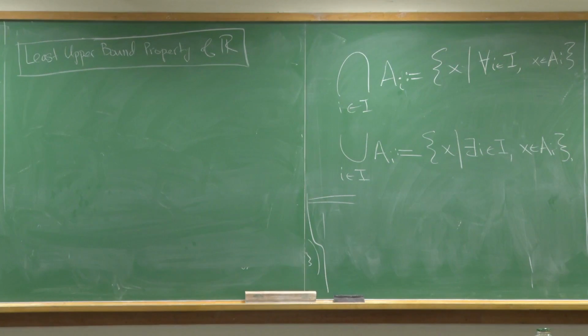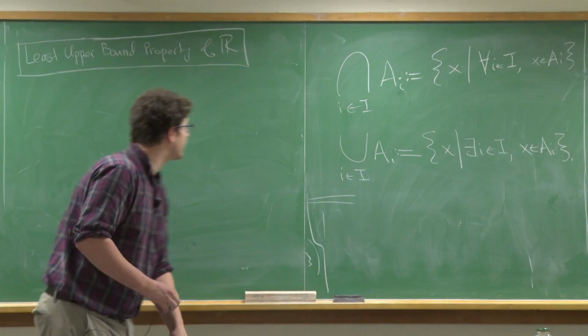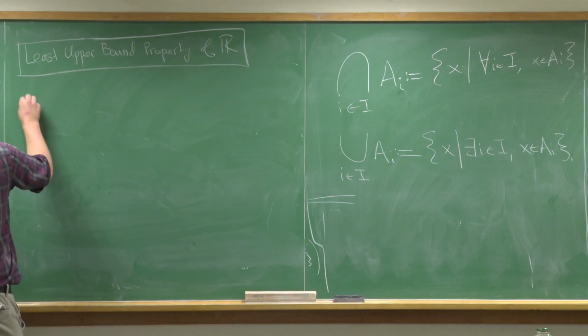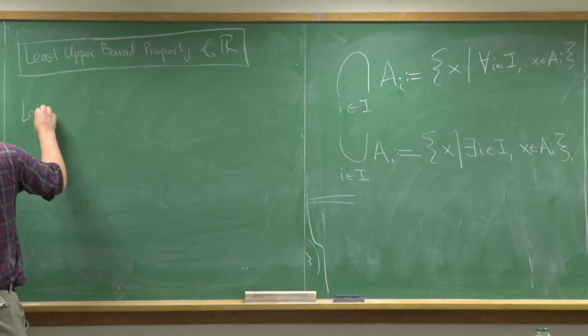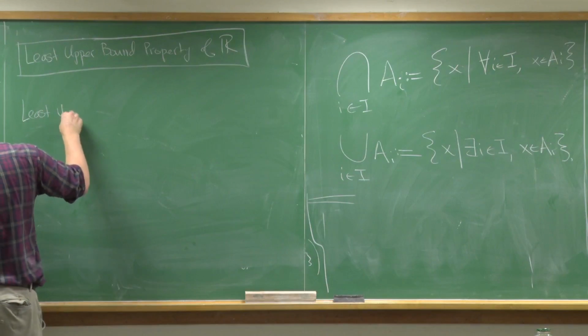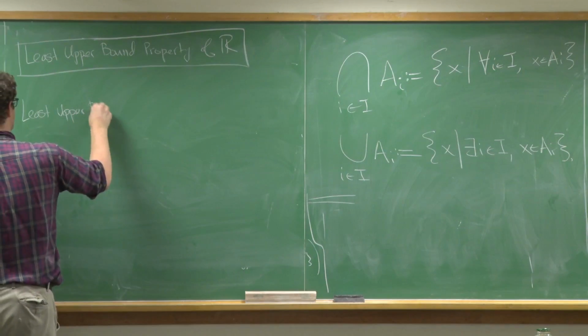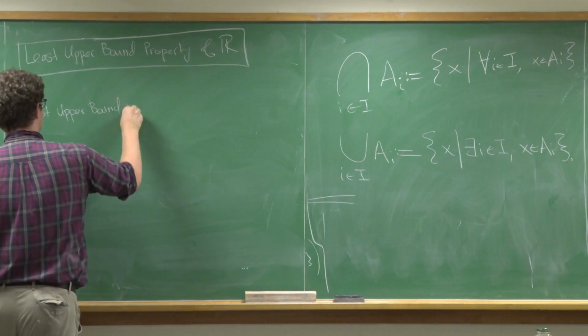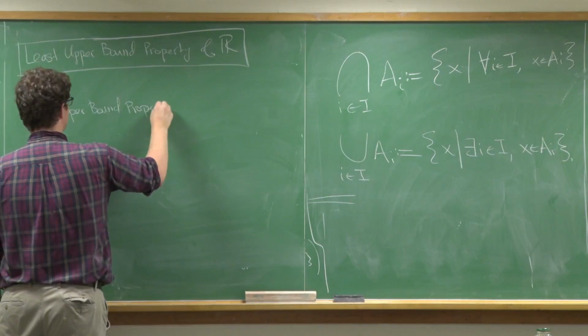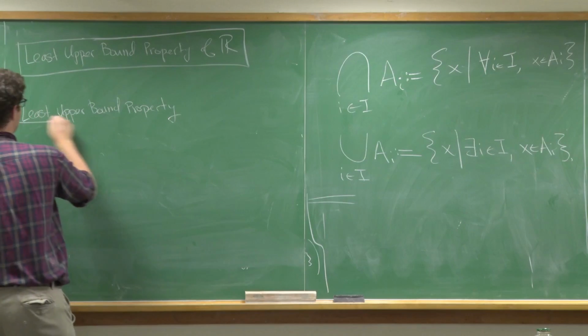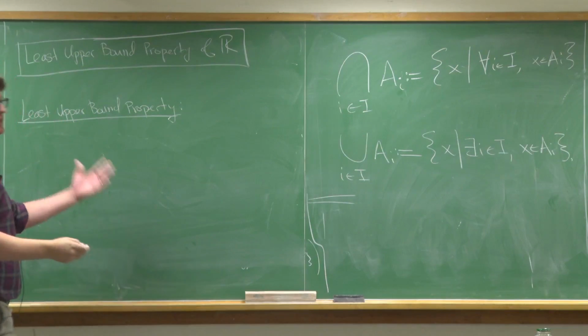And so one of the key properties of the real numbers is the following, one of the things that they figured out: the least upper bound property. This property actually excludes infinitesimals from existing in the real numbers.